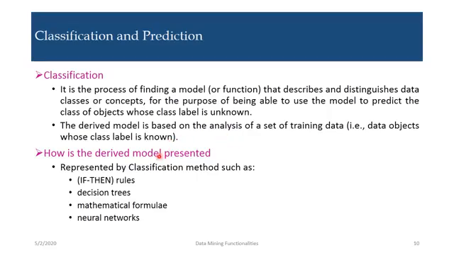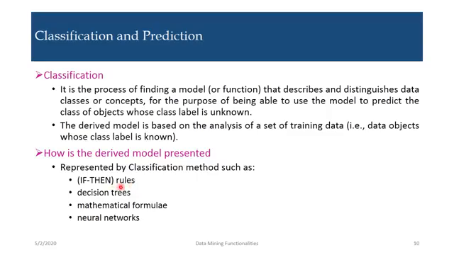Now, the question is, how is the derived model presented? It is represented by classification models such as if-then rules, decision tree, mathematical formula and neural network. These are different classifiers with which we can classify our data. If-then rules: if the condition is satisfied, then the then part is satisfied, and we can generate a rule.